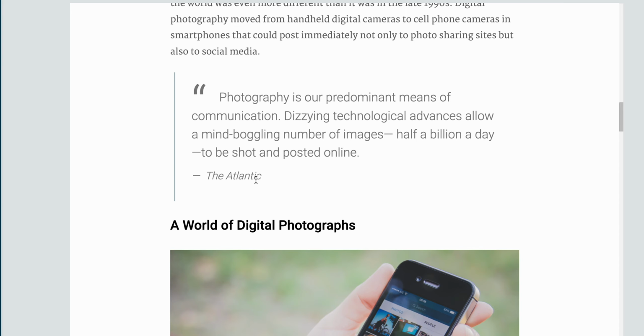And instead of reading a whole essay or a whole article to understand what is going on, you can understand everything through this picture or photo. Dizzying technological advances allow a mind-blowing number of images. Yes, now a great number of images will be taken and posted on social media.